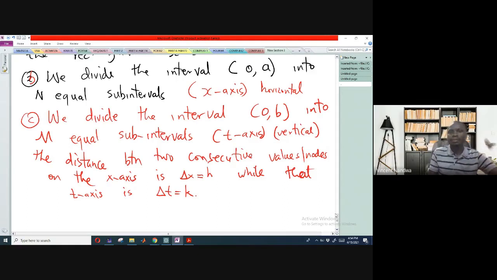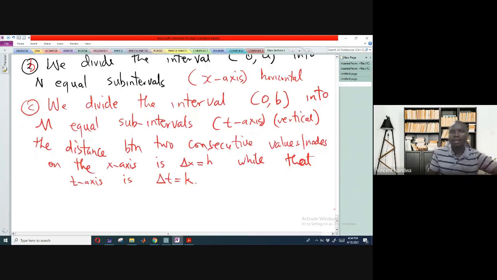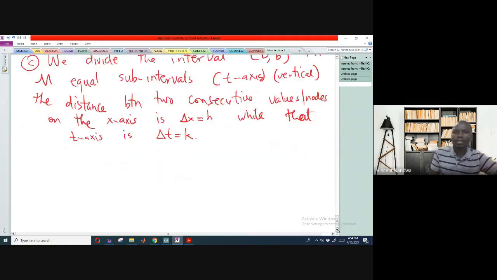So each step on the vertical axis is k, on the horizontal axis is h.